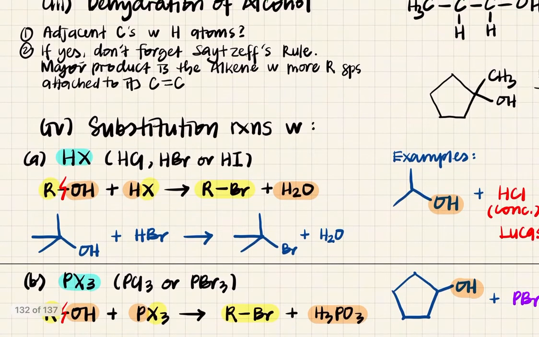So next you have substitution reactions. Ini pun akan cleave at the RO bond. Okay. So when you react with HX, it can be HCl, HBr or HI. Okay. You will form a haloalkane with byproduct water. Okay. So selalunya for cleave at OH ni bila awak eliminate water lah.